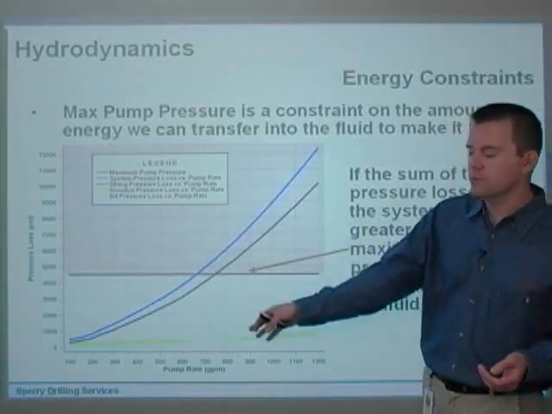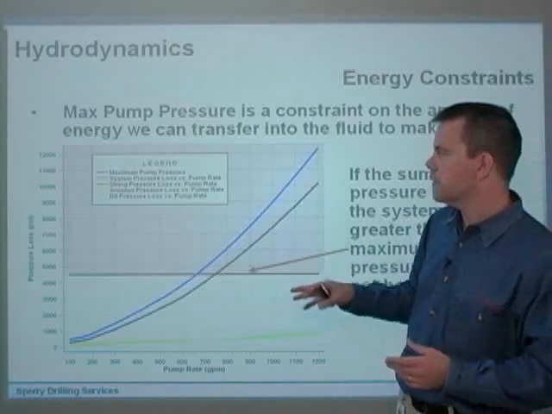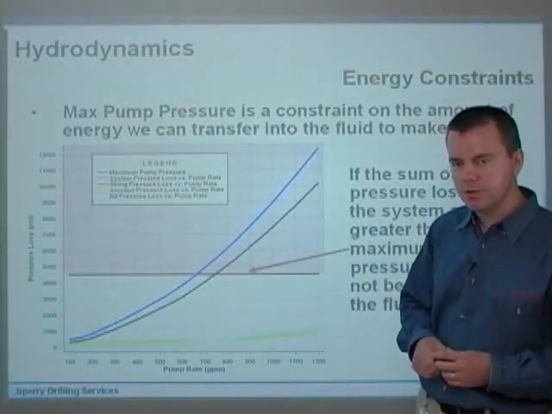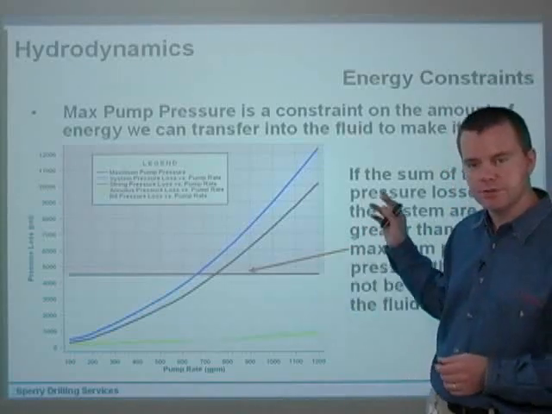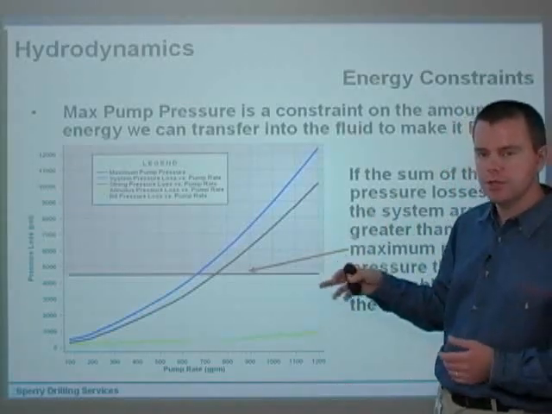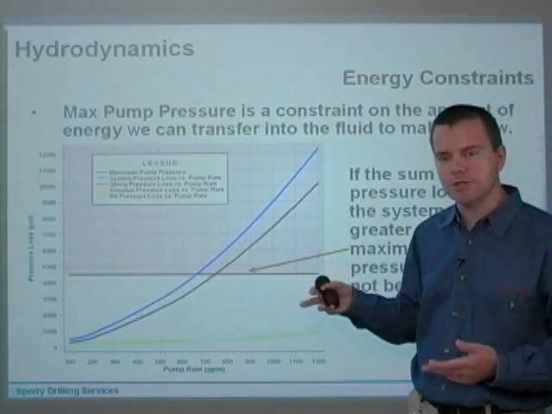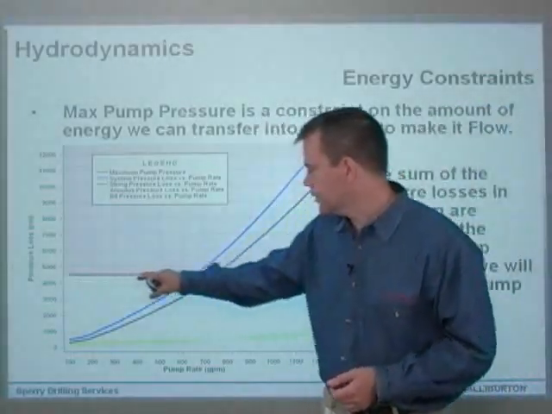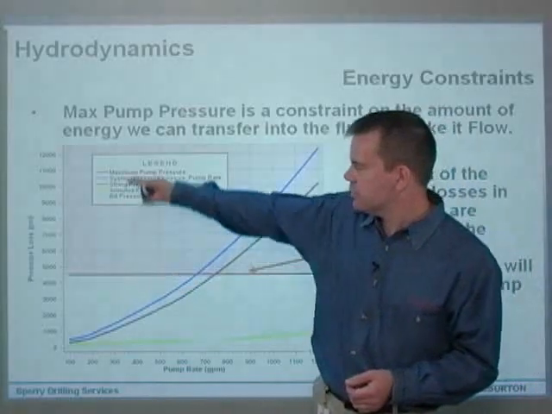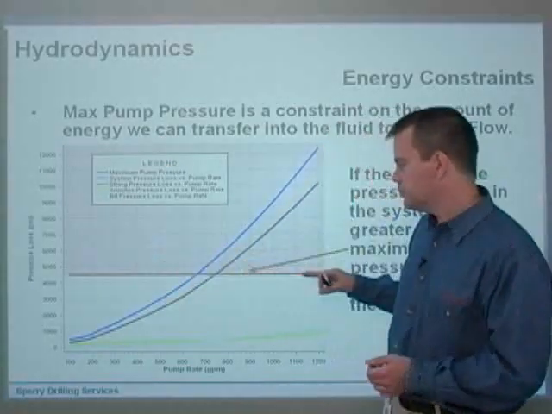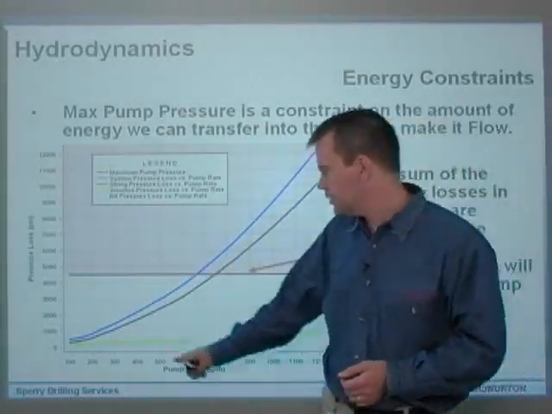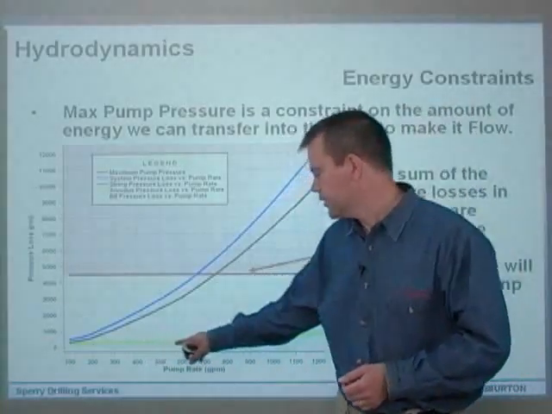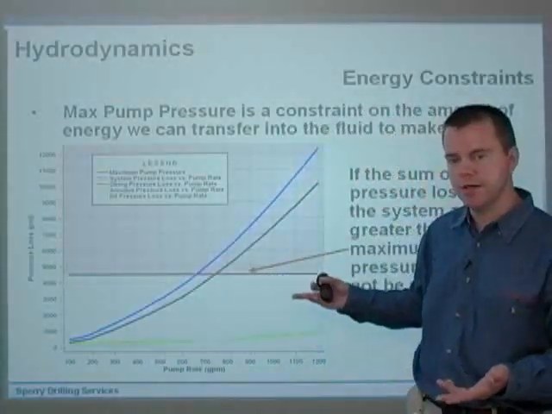I'll be talking a bit about WellPlan later as well in another part of the module, but this is a graph from WellPlan. What we're saying here is that if the sum of the pressure losses in the system is greater than the maximum pump pressure, then we won't be able to pump the fluid. This red line going across here with the shaded area above it is the maximum pump pressure. We've got bit pressure loss, which is the pressure loss through the bit. We've got annular pressure loss, which is the pressure loss up the annulus.